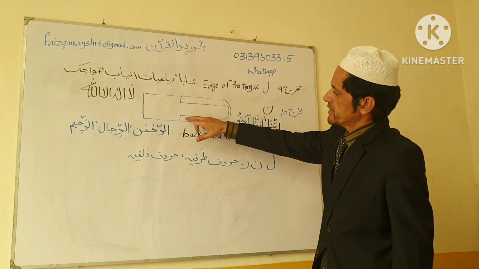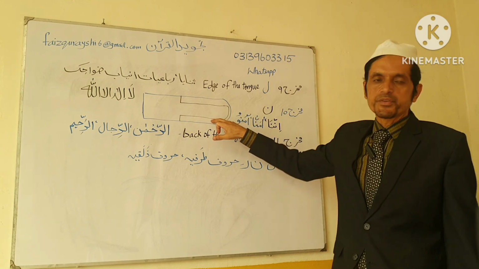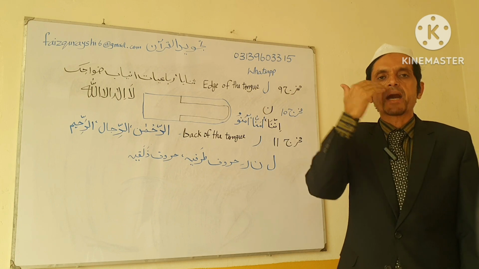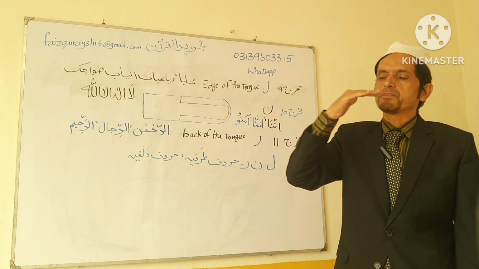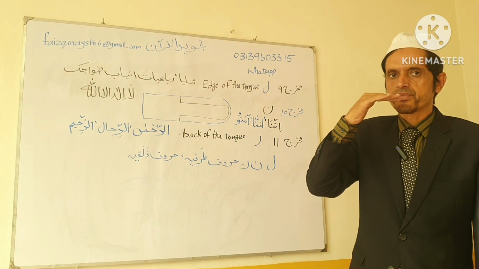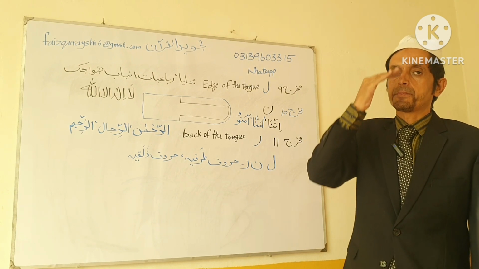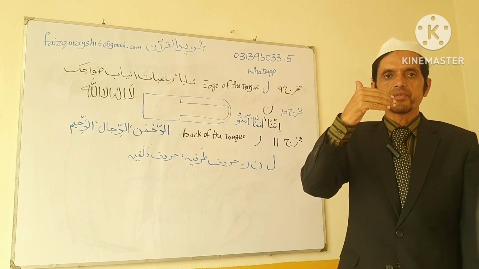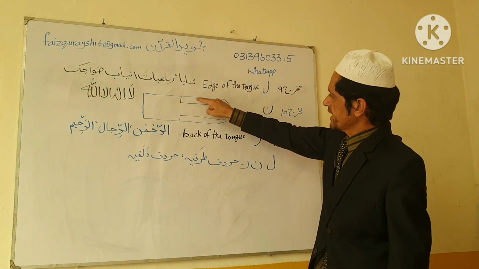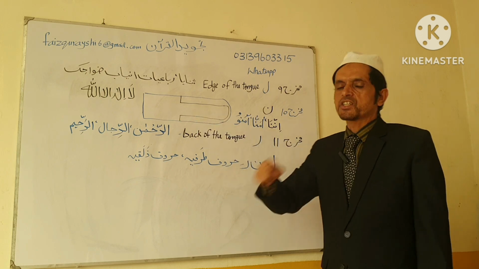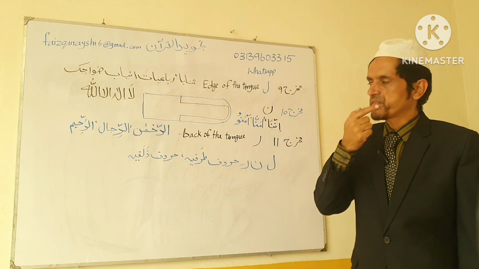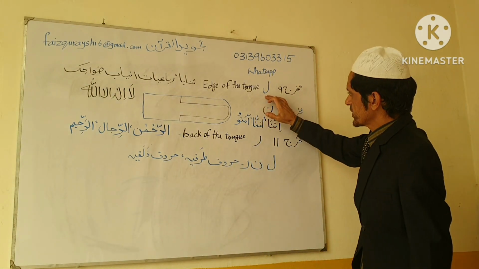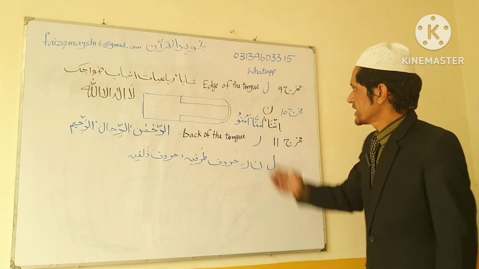So whenever the edge of your tongue touches these teeth from inside, a little bit in the jaw, you can say the root of the teeth. When this edge of the tongue touches the inside root of these teeth, we articulate Lam.